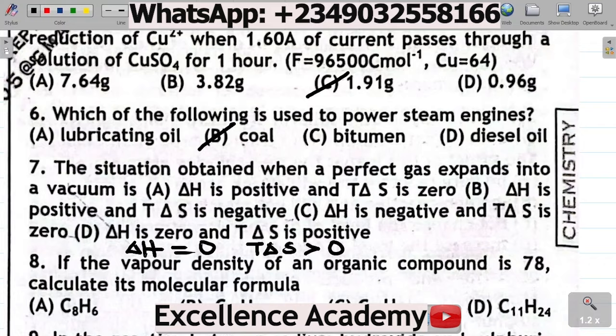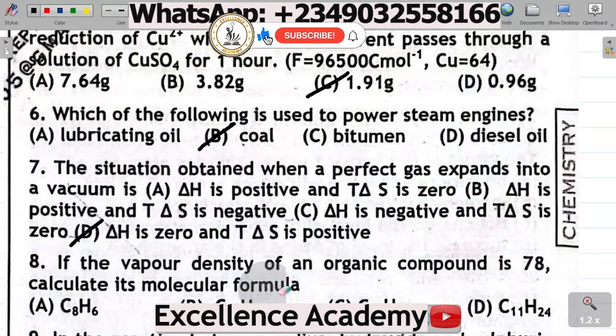And since disorderliness increases, we can say entropy increases. So let's see which option matches this. Looking at the different options, obviously option D is the correct answer. Change in H is 0, the change in enthalpy is 0, no work is being done, and of course the entropy will be positive as there will be disorderliness due to expansion of the gas.